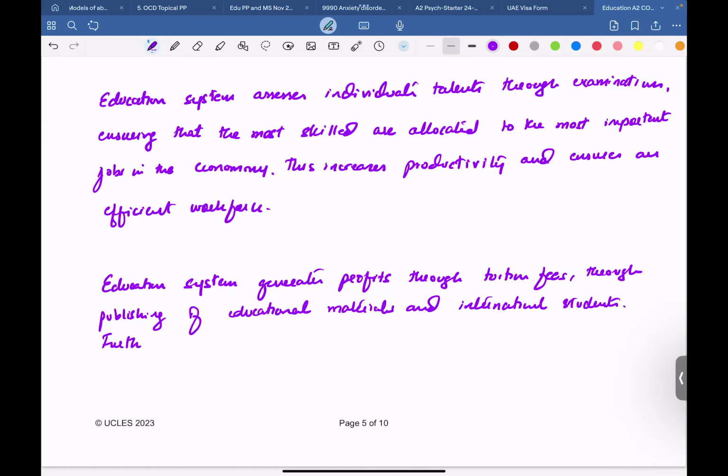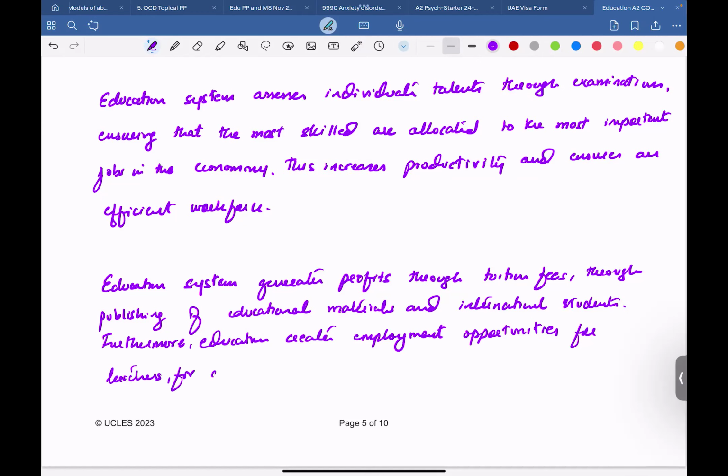You could also write down, furthermore, education creates employment opportunities for teachers, for administrators, and other professionals contributing to economic growth.